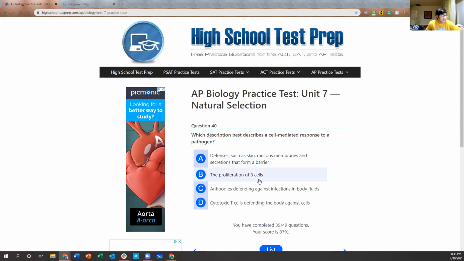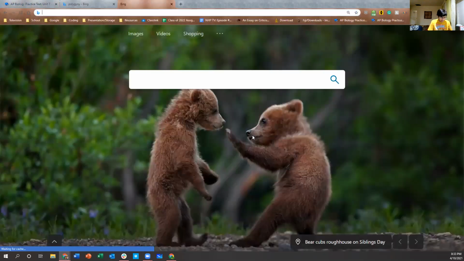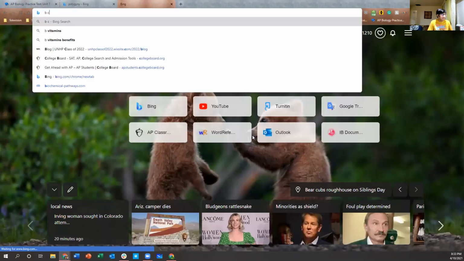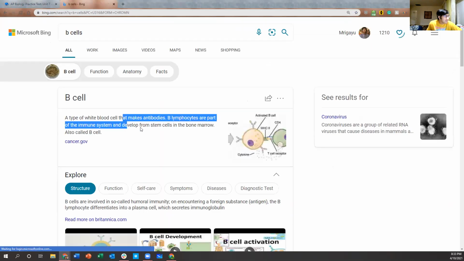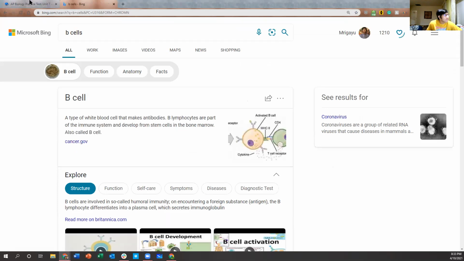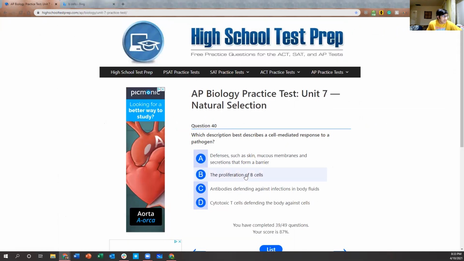The proliferation of B cells. And to be honest, I don't know in detail B cells and T cells, but I think that would be the answer. I think B cell. What do B cells do? B cells make up antibodies. B lymphocytes are part of the immune system. Okay. B cells make antibodies. I think that would make sense. Antibodies defending against infections and body fluids.